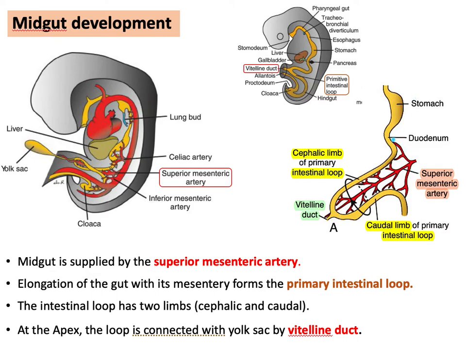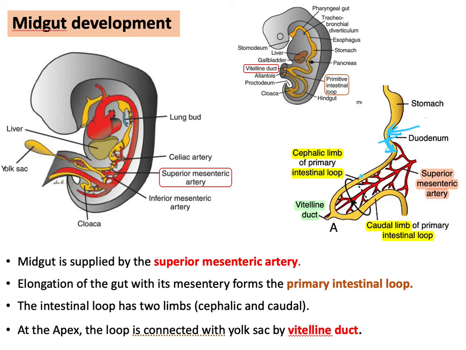We know that the duodenum originates from the foregut and partly from the midgut. So the part of the duodenum that developed from the foregut is supplied by the celiac artery, while the part of the duodenum below the opening of the bile duct originates from the midgut and is supplied by the superior mesenteric artery. Anyway, the elongation of the gut with its mesentery forms the primary intestinal loop.